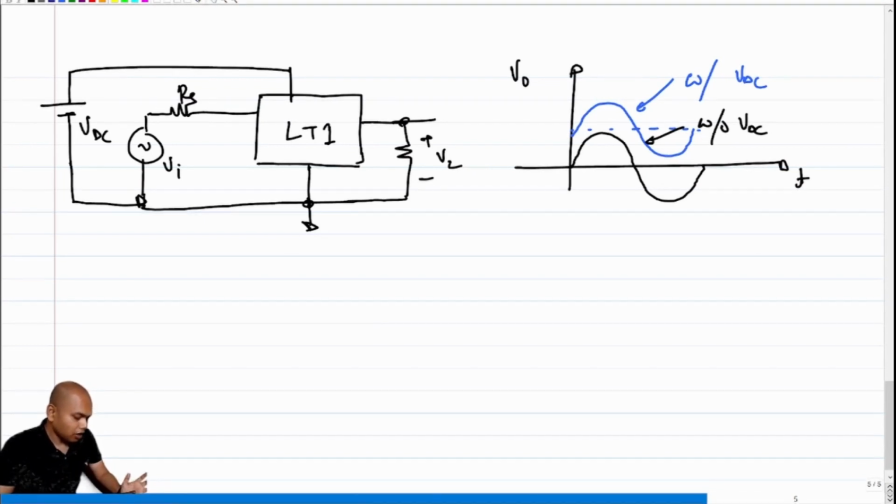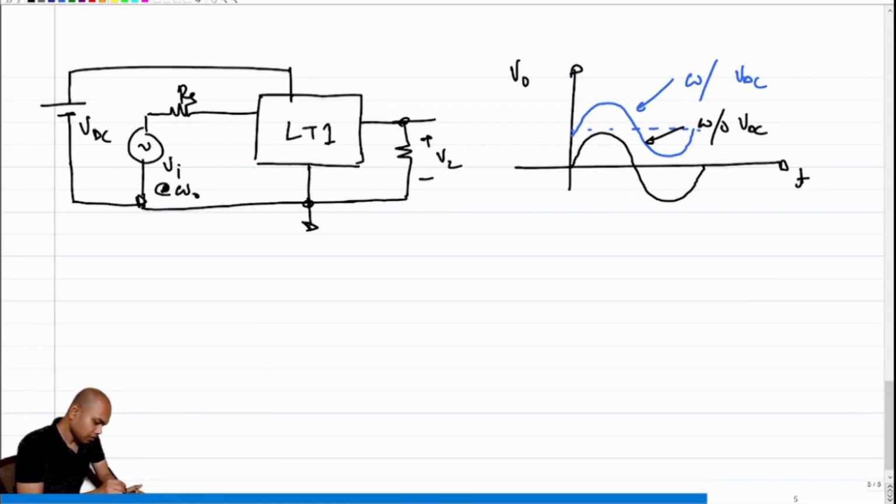Another way of thinking about this problem is that this LTI system is not able to transfer the power of the DC source to a frequency of omega naught. This source Vi is acting at a frequency omega naught. And what is the frequency of a DC source? The frequency of a DC source is 0.